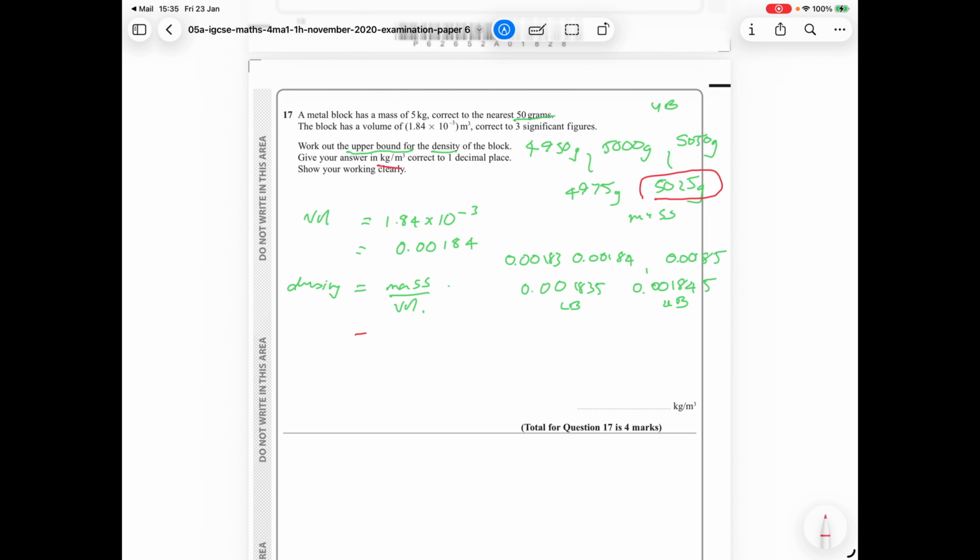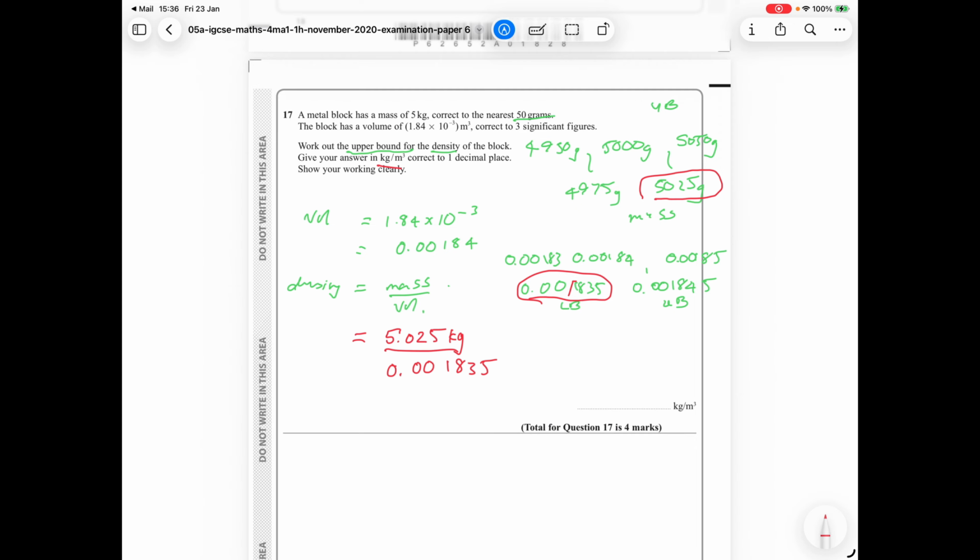So on the top, I've got to have 5.025 kilograms. And on the bottom, if you remember, the smaller one will give us the answer, so it's going to be 0.001835. So the density equals 5.025 divided by 0.001835.